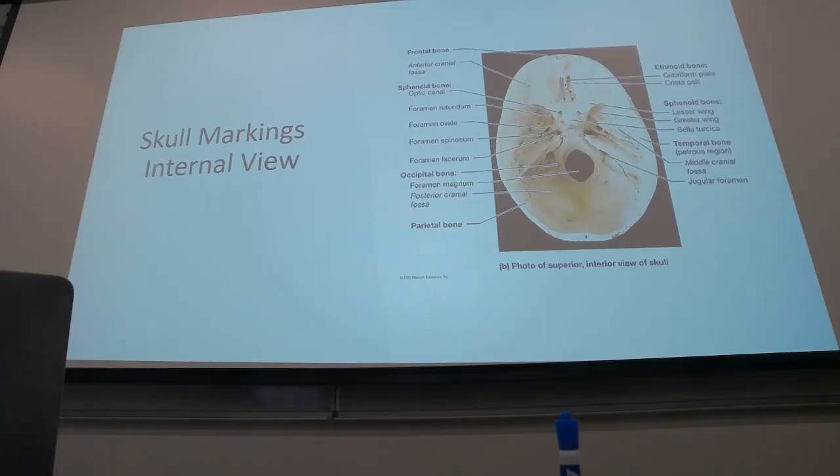So the sella turcica has the hypophyseal fossa, and maybe this is an E. Hypophyseal fossa, to hold the hypophyseal gland. That's the pituitary gland, right?